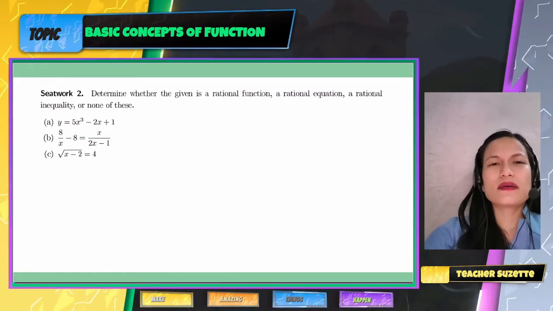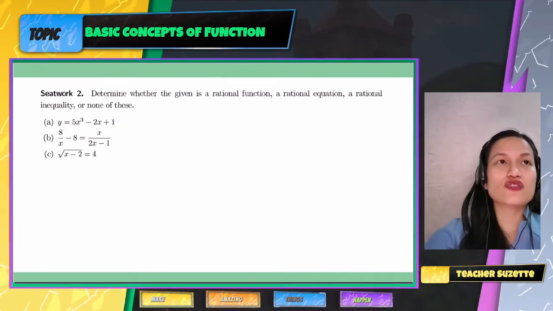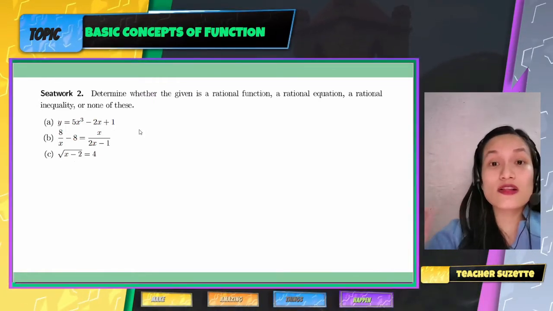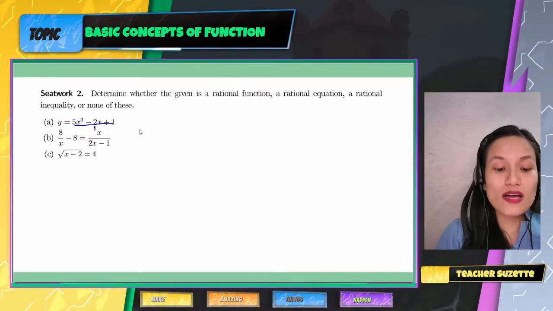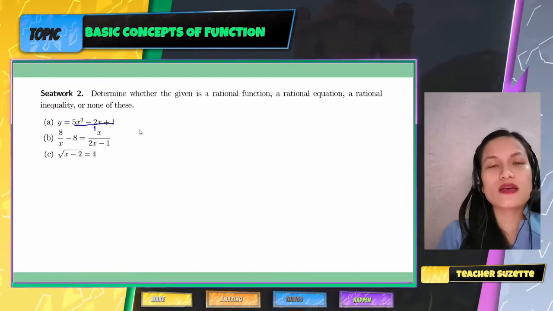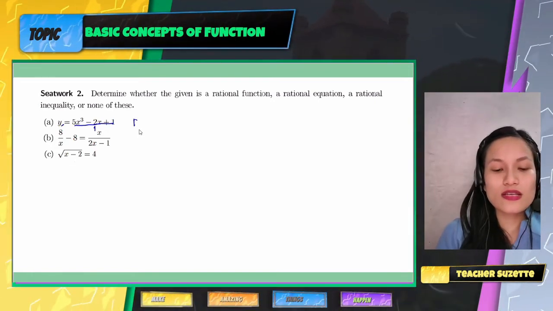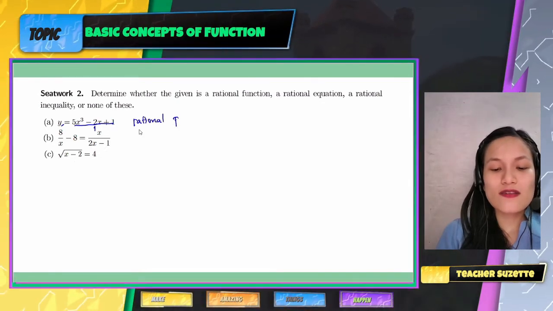Ma'am, isn't that just a function? Yes, it can still be categorized as a rational function because its denominator is 1. And ma'am, is there an equal sign? Yes, there is an equal sign. However, it has a y. So, therefore, this is an example of a rational function.